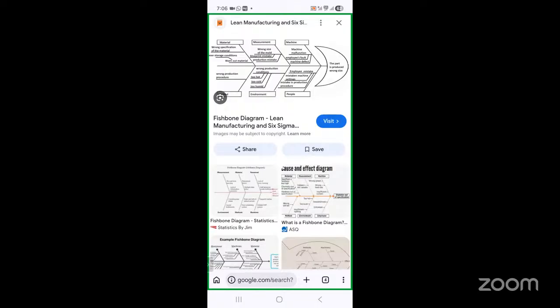Here you can find the 6th area: that is material, measurement, machine, people, environment, and another one. I do not know what that is. Oh, this is method.